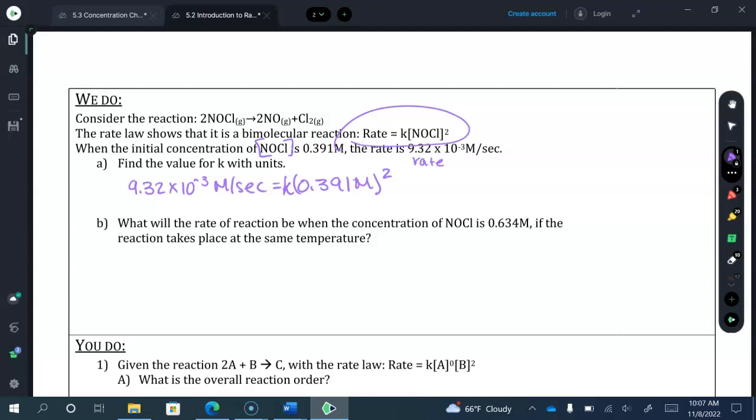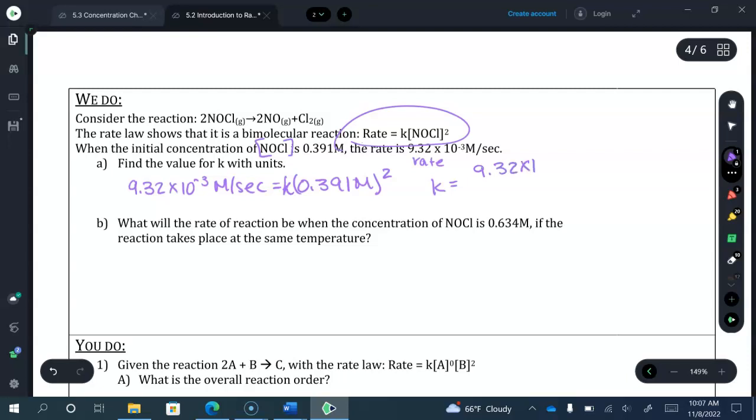Rearranging for K and solving for K, K is 9.32 times 10 to the negative third molarity per second divided by 0.391 molarity squared.